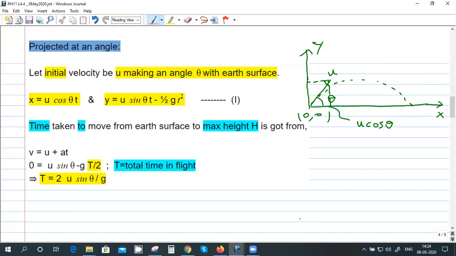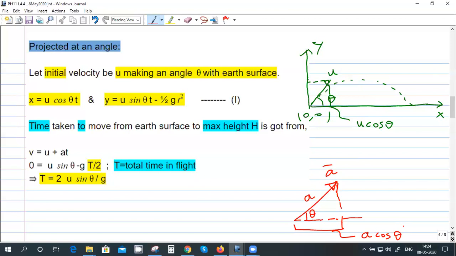If I have a vector A and this is making angle theta here, what will be this length? Vector A has length A. What about the horizontal length? It will be A cos theta.